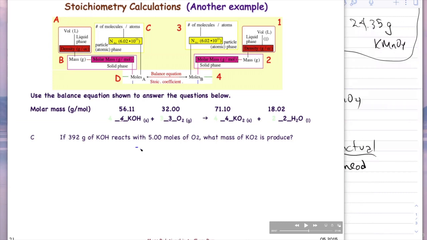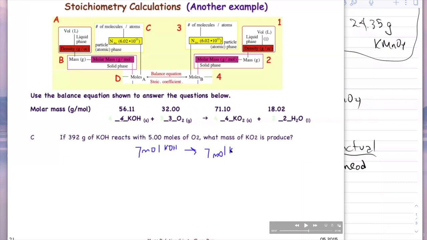So if I have 7 moles of KOH from the previous problem, because it's a 4 to 4 ratio, that'll give me 7 moles of KO2.